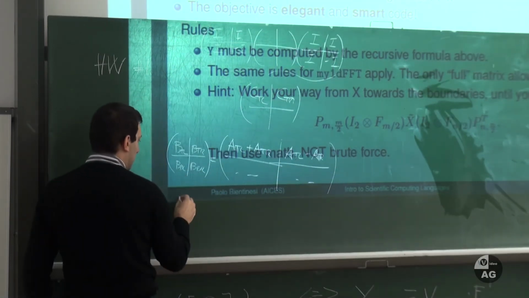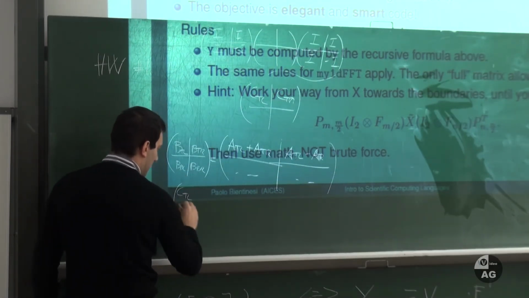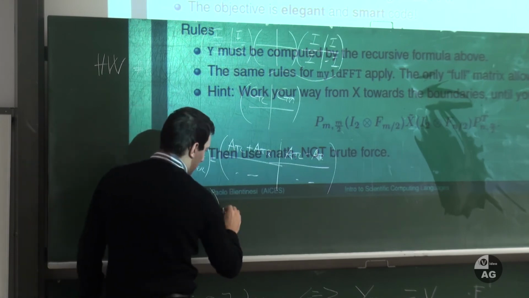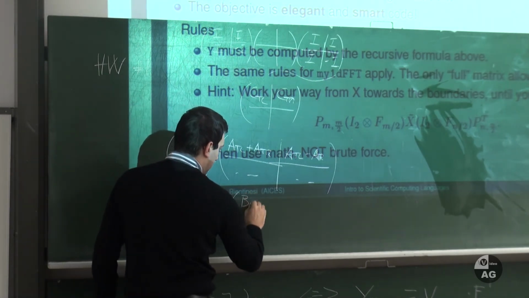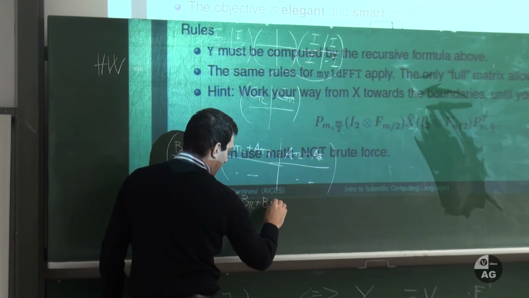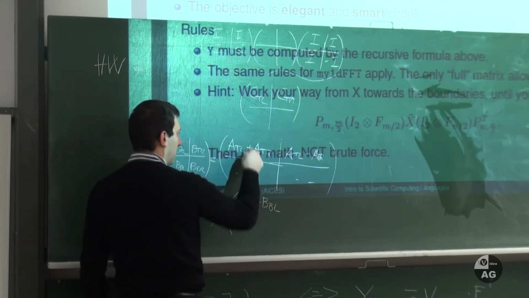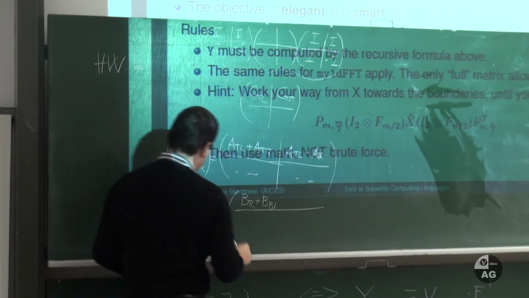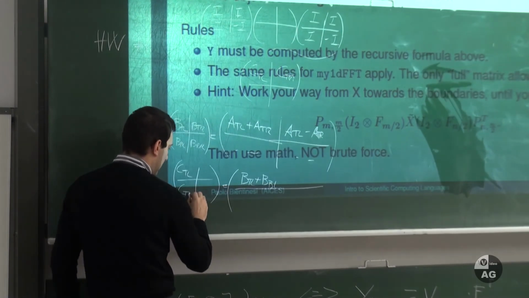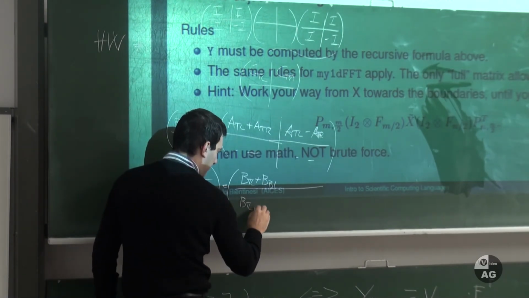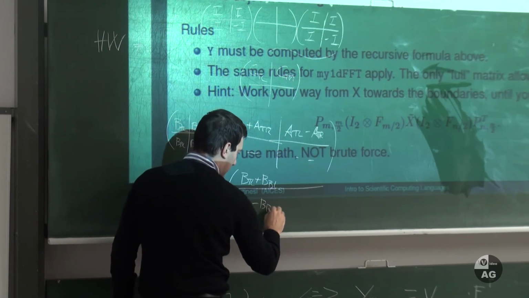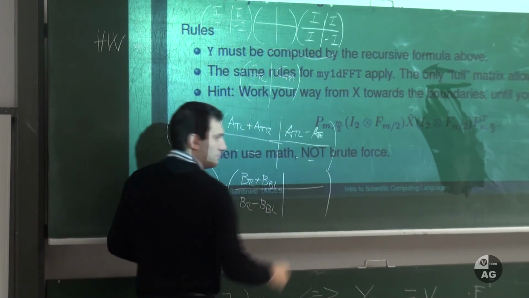And then our C top left will be B top left plus B bottom left. So now I have to add these guys together. Our C top left is B top left minus B bottom left, and so on.